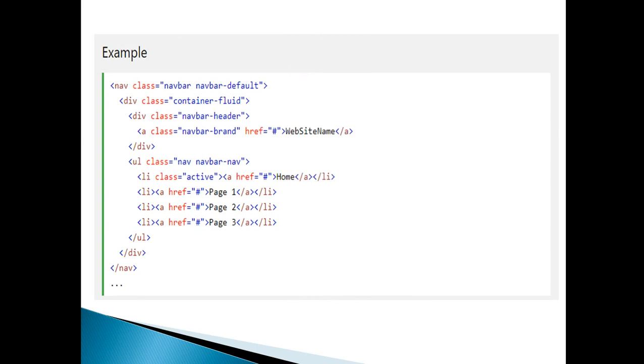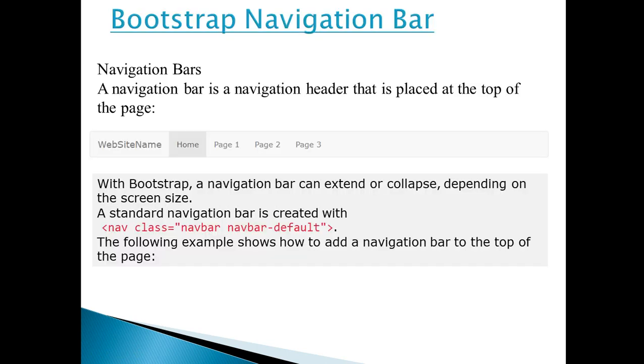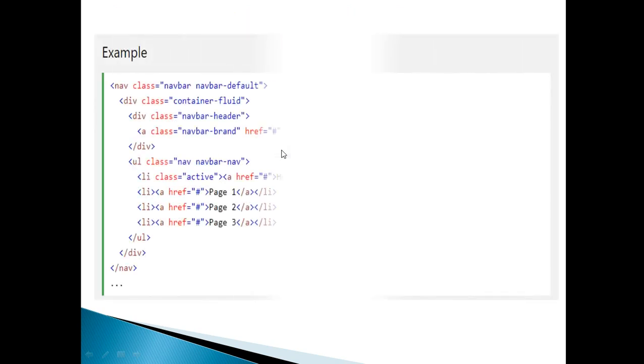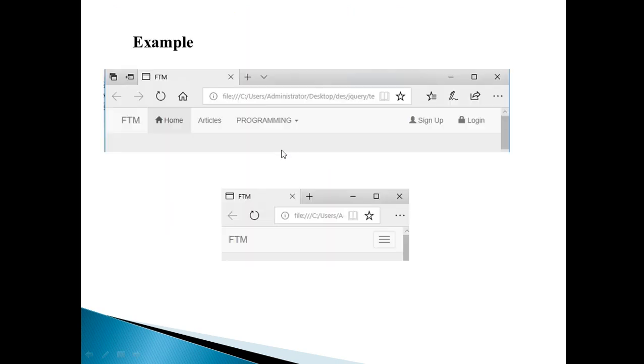Here we have the simplest tags used to build our navigation. If we apply this in our compiler, we'll get this result, exactly like this. And this is a screenshot that shows the two different views of the navigation bar.